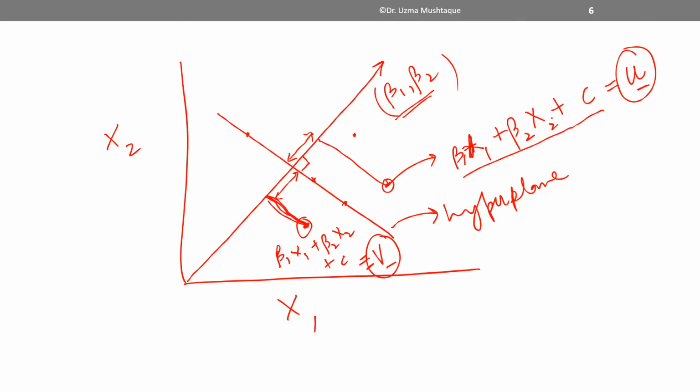The equation of a hyperplane is given in this form, and we can determine the distance of any point from a hyperplane using this form. So this was a quick review of hyperplanes. I'm not going into further details.